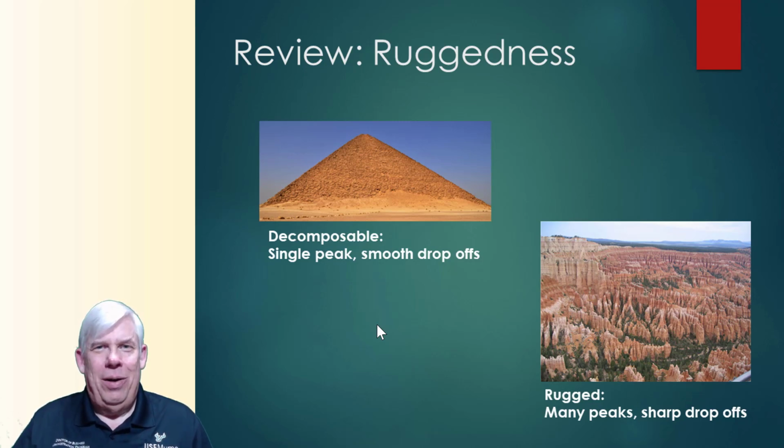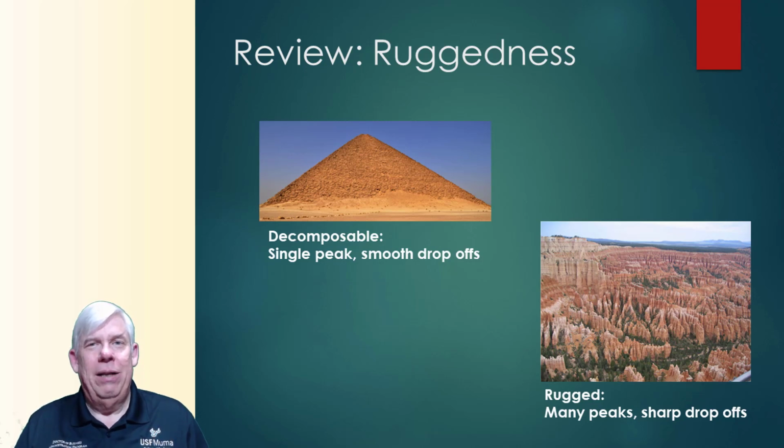But each question contributes to your score in a predictable way. In a rugged environment, you have lots and lots of peaks because the elements of your system interact with each other. And the analogy we used was that of a recipe.